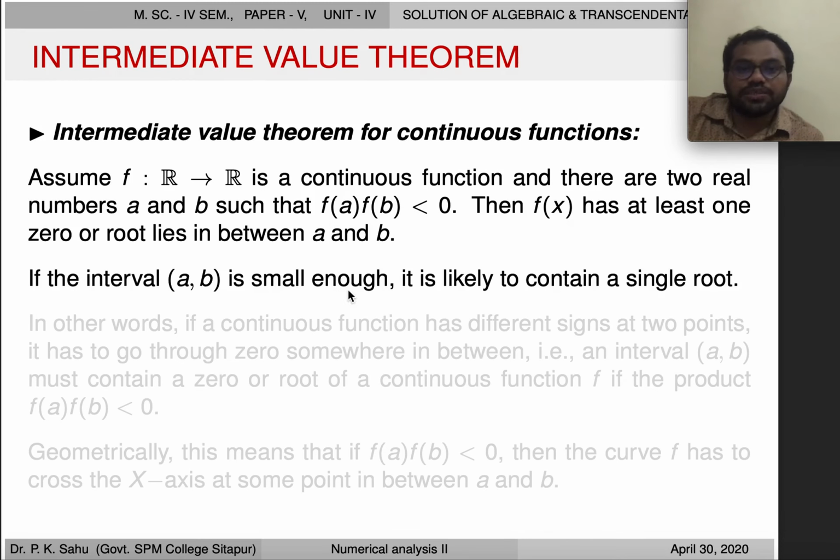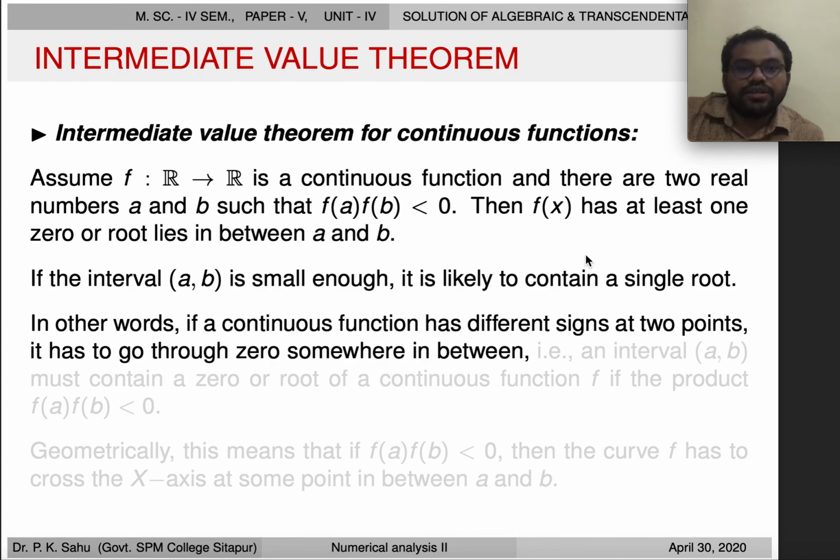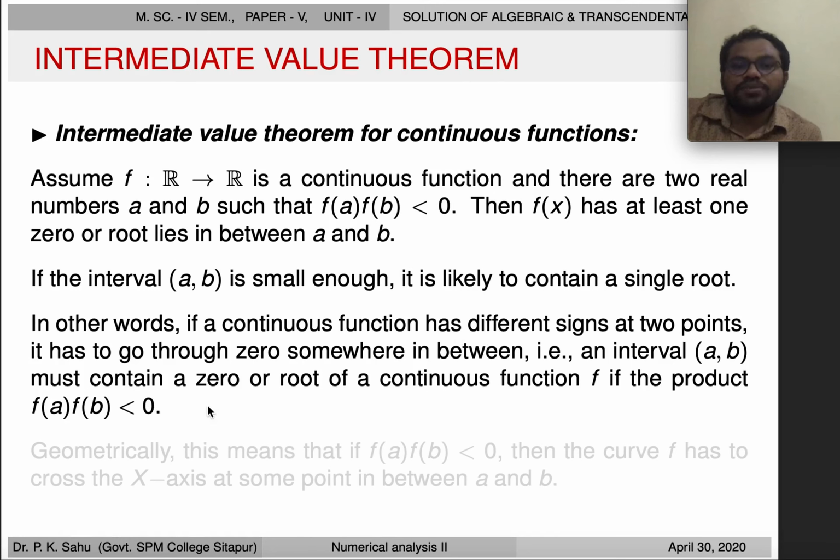If this interval is small enough, it is likely to contain a single root. In other words, if a continuous function has different sign at 2 points, it has to go through 0 somewhere in between. Means an interval AB must contain a zero root of a continuous function f if the product f(a) into f(b) is less than 0.